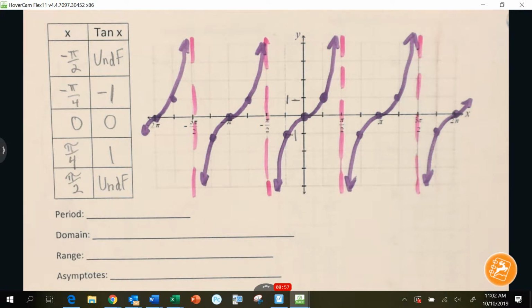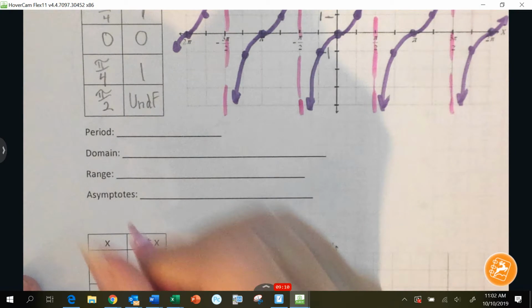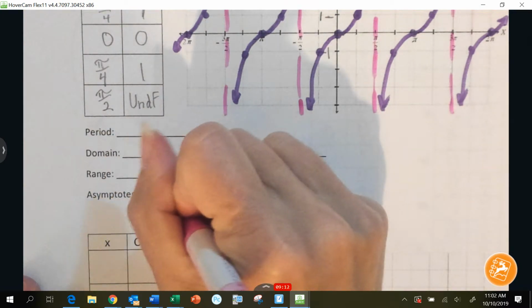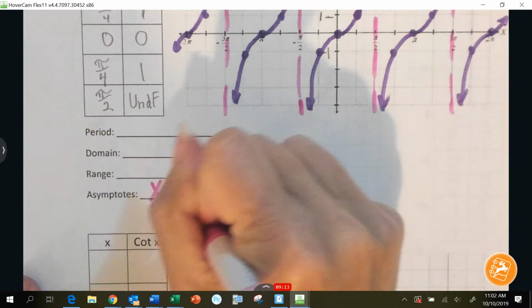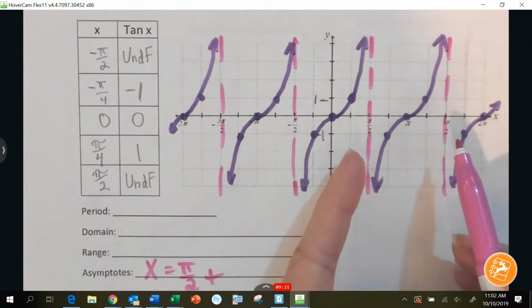All right, find the asymptotes. Where's the first non-negative asymptote? Pi over 2. So we're going to say x equals pi over 2 plus, how far apart are they? Pi.